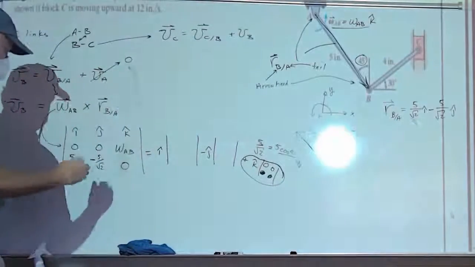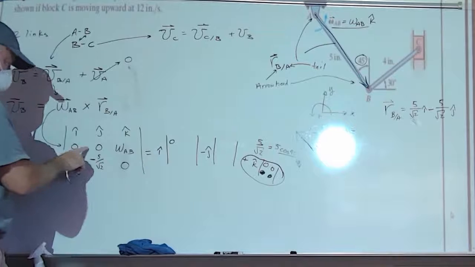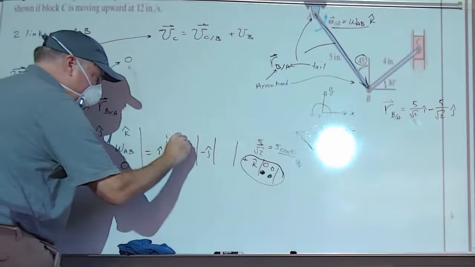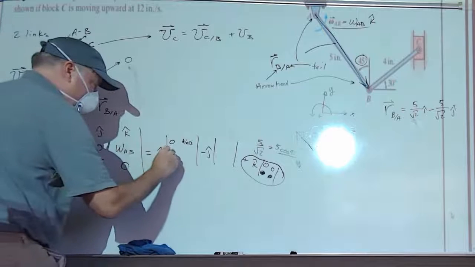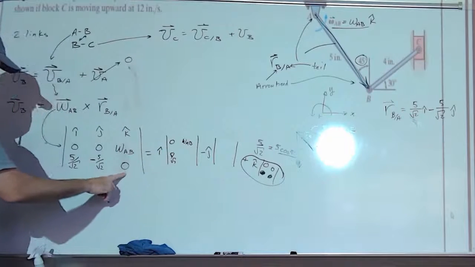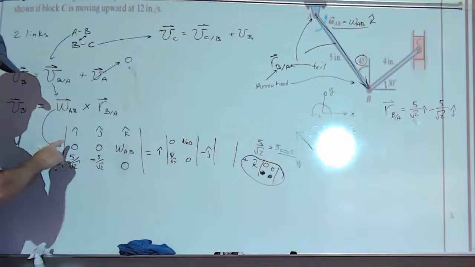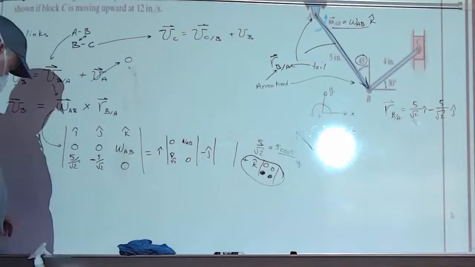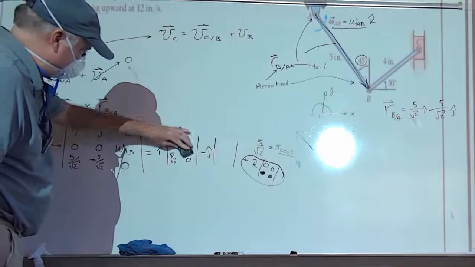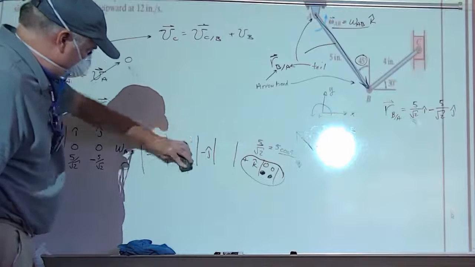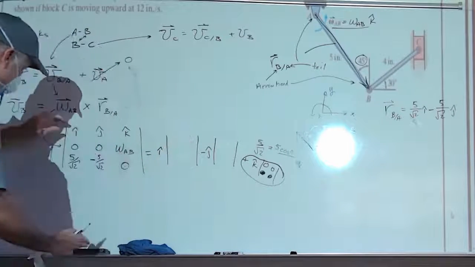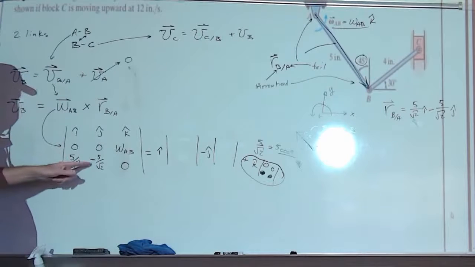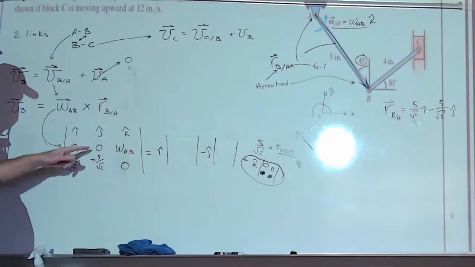So you have i to be 0, omega AB, 5 over square root of 2, and 0, and then you get, oh, I'm sorry, error. Let me redo that one. I didn't have to erase, I could have just put the minus.